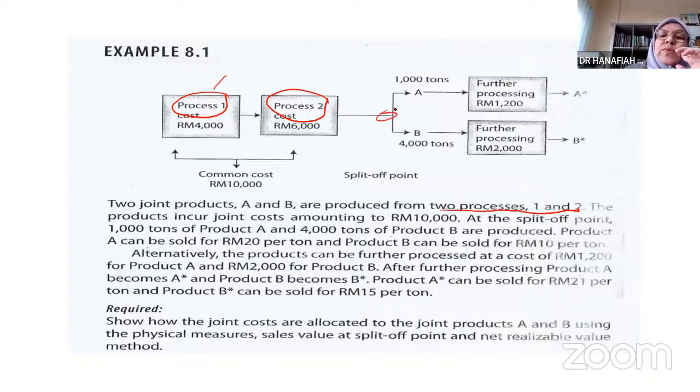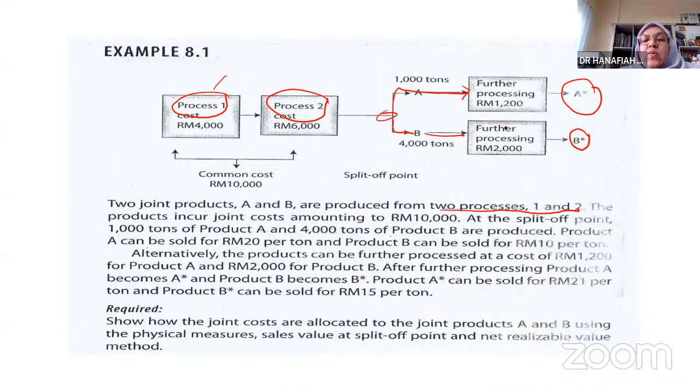If I want to produce A, I have to use this 1,200 to produce A asterisk. If I want to produce B, then I will produce B asterisk for the process.